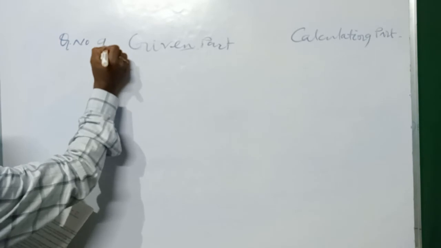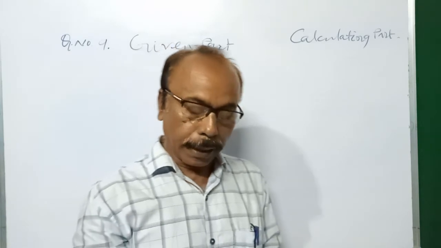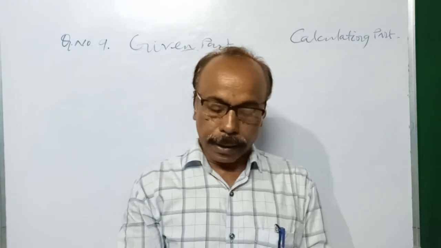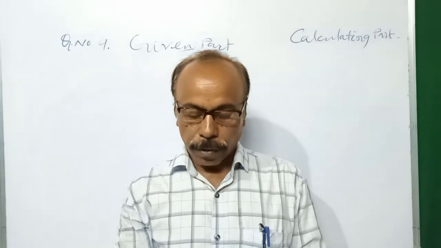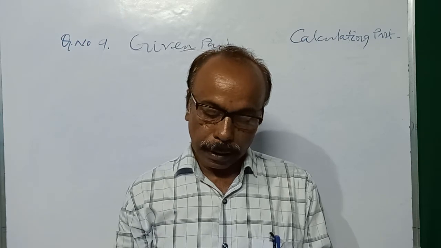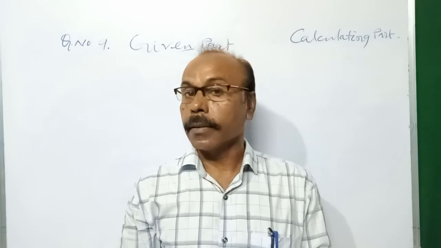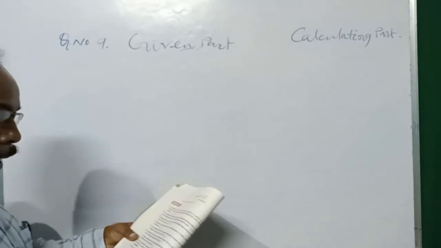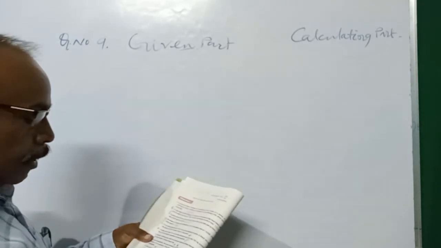Question number 9. My dear student, you see, out of a class of 40 students, 5 were absent. 30% of the remaining had failed to do homework. Find the number of students who did the homework. My dear student, you see, out of a class of 45 students, 5 were absent.